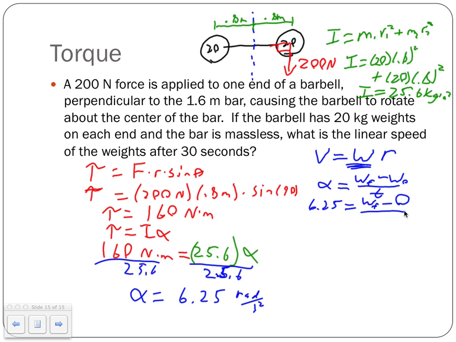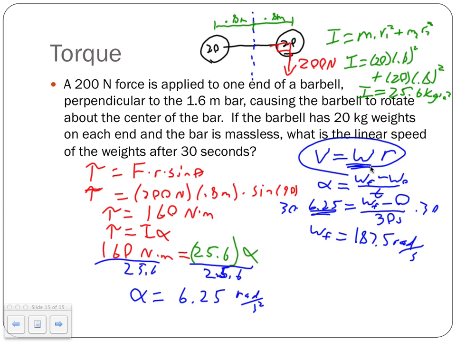So over the time, which is 30 seconds, and 30 is the right unit because we have 6.25 radians per second squared. Multiply both sides by 30, and that gives us a final angular velocity of 187.5 radians per second.